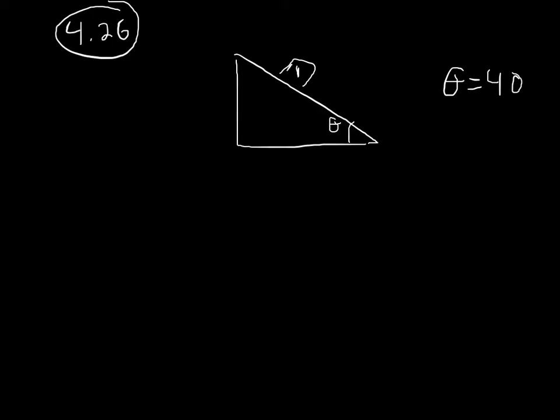It goes over this frictionless pulley and has this other box hanging here, which I call box 1. Mass of box number 1 is 10 kilograms. Mass of box number 2 is 5 kilograms.